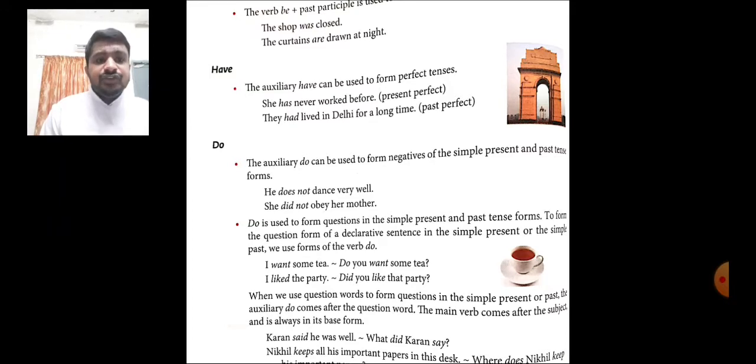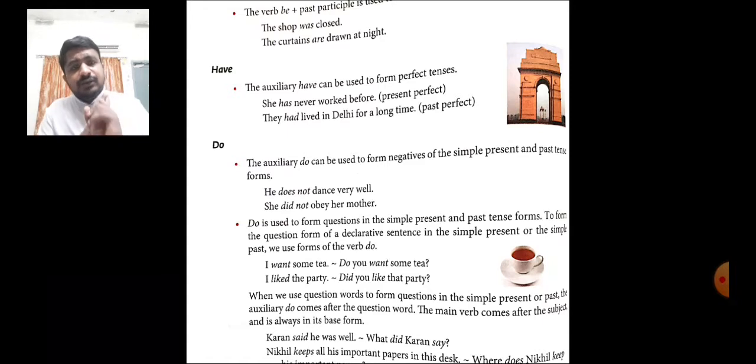And when we use question words to form questions in the simple present or past tense, the auxiliary verb do comes after the question word. That is what you need to understand. The main verb comes after the subject and is always in its base form. For example, Karan said he was well. Then how will it come? First the question word, what, then the auxiliary verb, then the subject, then the main verb.